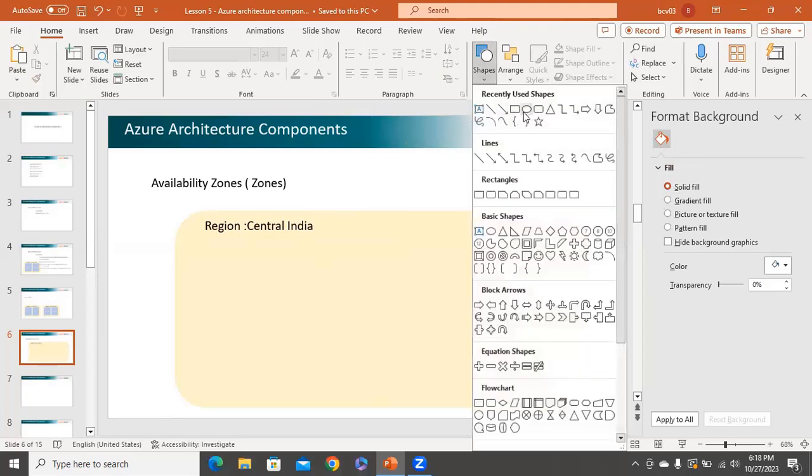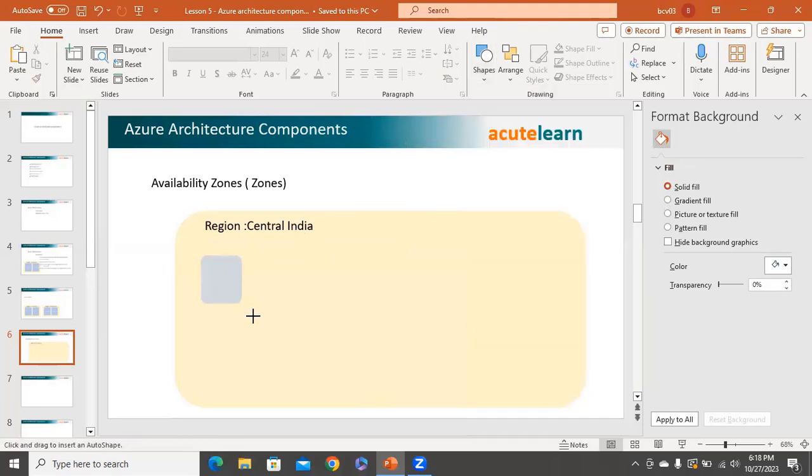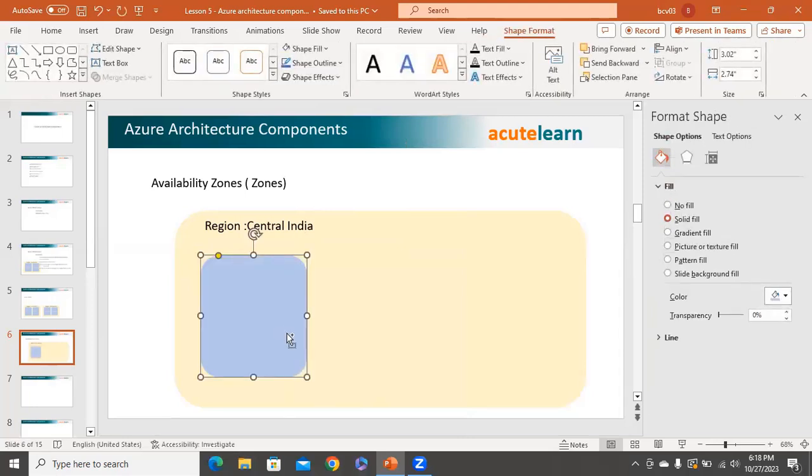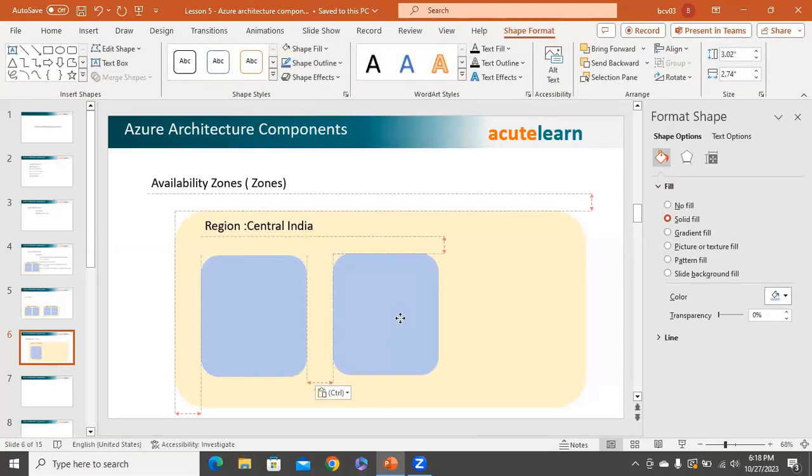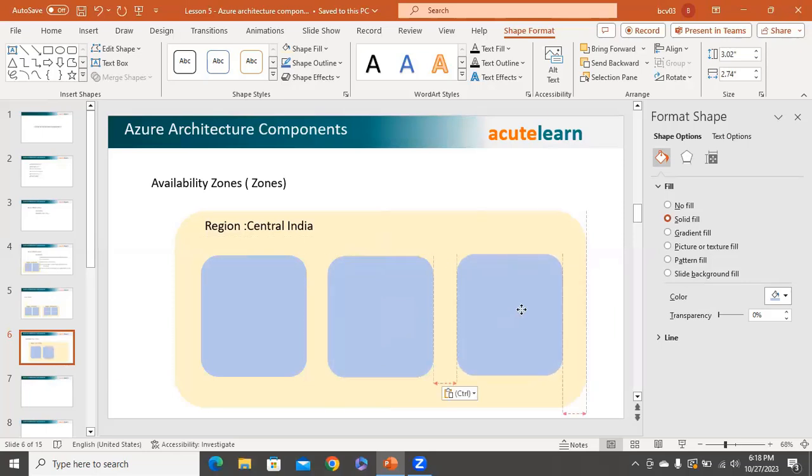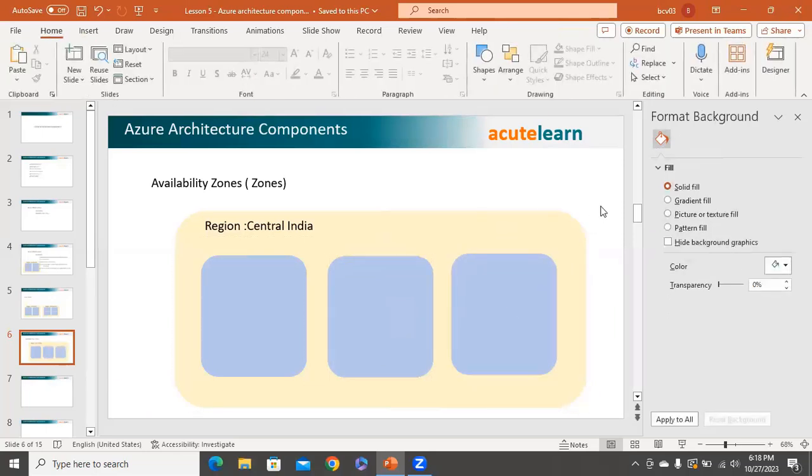Now, in Central India, there are sets of data centers which are completely physically isolated from one data center to another.